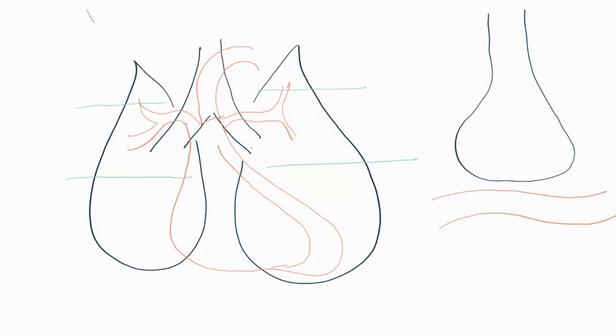On the right side, we look at ventilation, and on the left, we look at perfusion. So, in a normal healthy person in the erect position, ventilation is maximum in the lower parts of the lung and minimum in the upper parts of the lung.